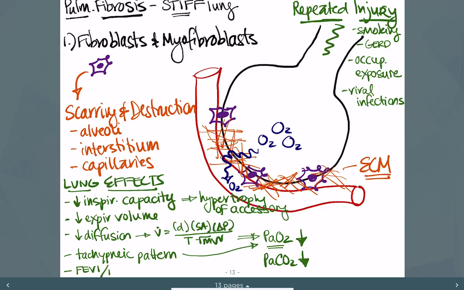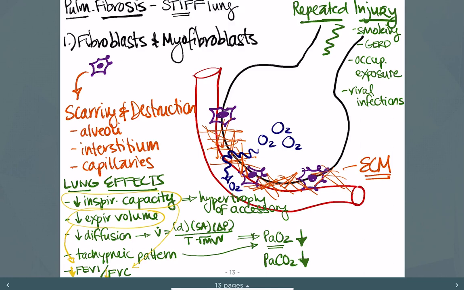And if you make that in relation to their forced vital capacity, in pulmonary fibrosis and in restrictive lung dysfunction, they typically have reduced FEV1 and reduced FVC because they have less inspiratory capacity, which means they're going to have reduced FVC. And if there's less in, then there's less out, which means they have reduced FEV1.